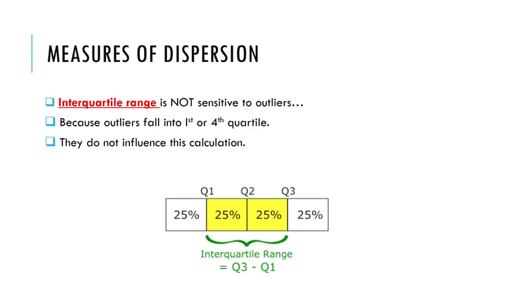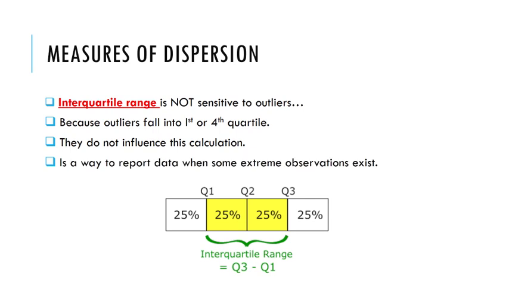They're not going to influence this calculation because they don't influence Q1 and they don't influence Q3. So this is a good way to report data when some extreme observations exist. Because when people read about this data and you report the interquartile range, they know, oh, okay, that's not sensitive to outliers.